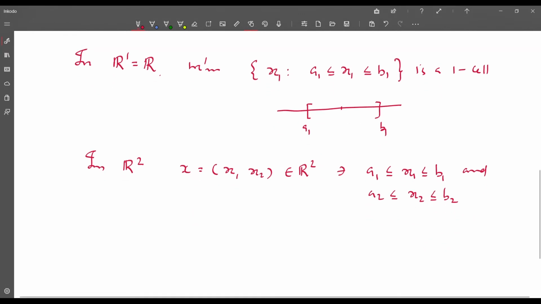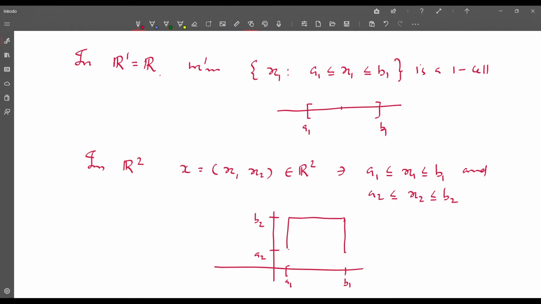That is, we consider this to be a1, this to be b1, and this to be a2 and this to be b2. Then consider the rectangle, this one. This rectangle is the 2-cell.